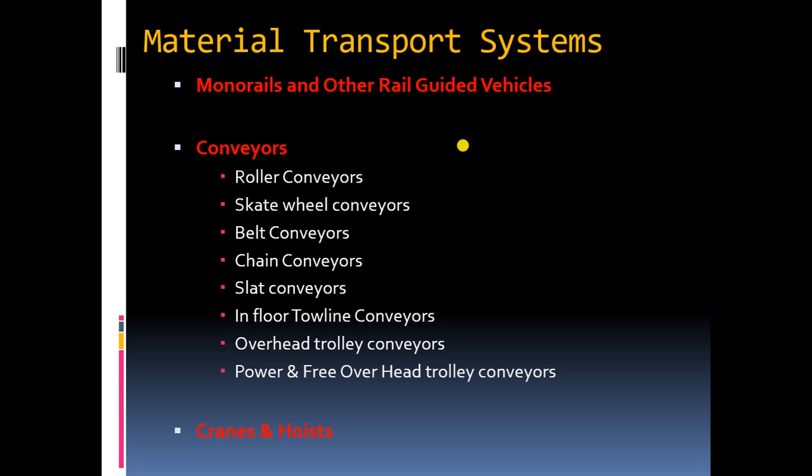Monorails in factories and warehouses are typically suspended overhead from the ceiling, and that helps us save shop floor area. In case of rail guided vehicle systems using parallel fixed rails, the tracks generally protrude up from the floor.